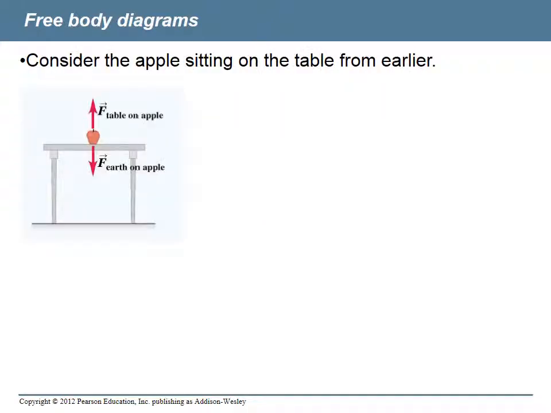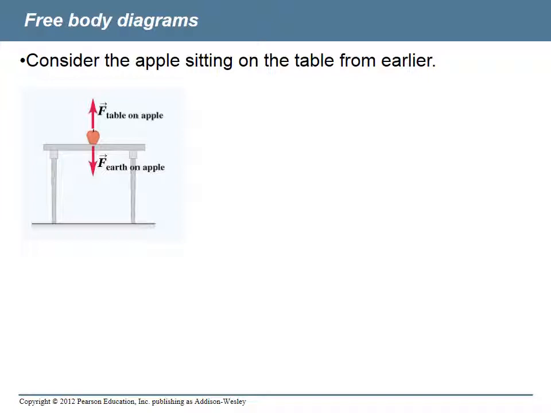So let's think about the apple that we had earlier that was sitting on the table. We want to draw a free body diagram for this. So there are a couple of ways we have to think differently in physics. We need to sit down and think, what sort of forces act on this apple? Well, this apple obviously has a weight, right? So it must have some mg, some mass times gravity pulling down on it.